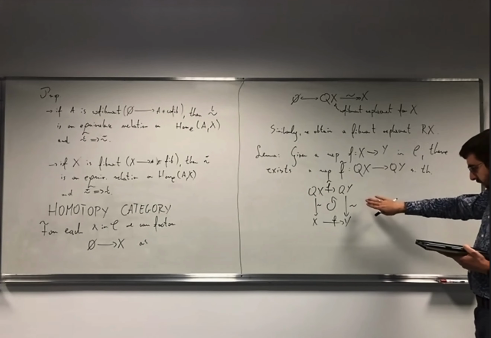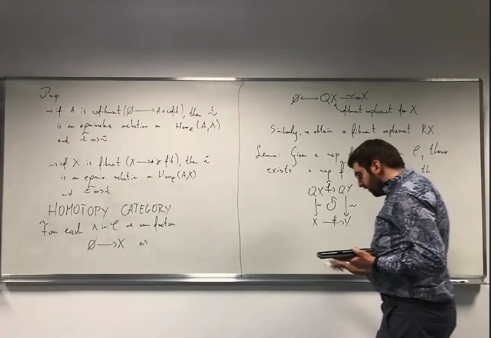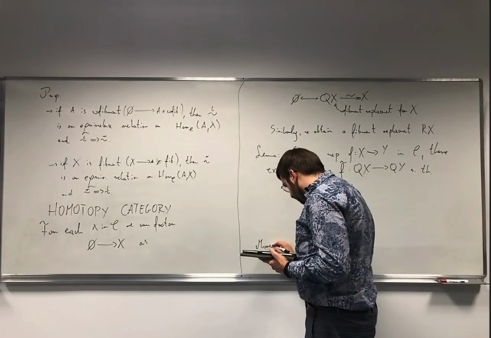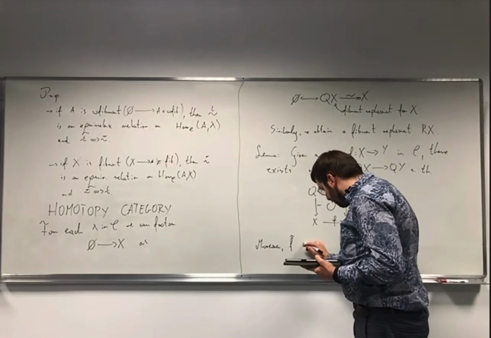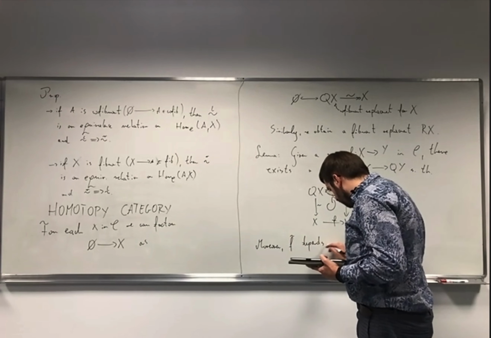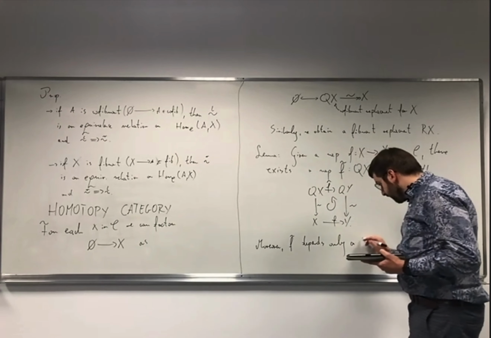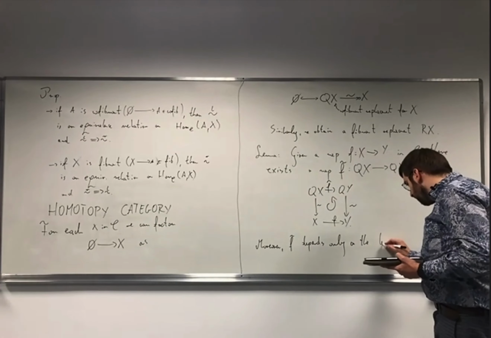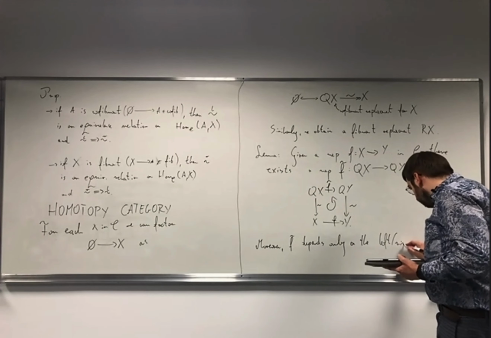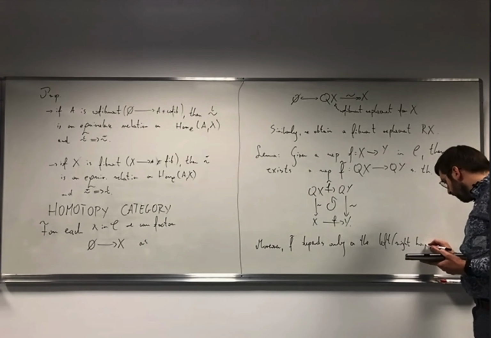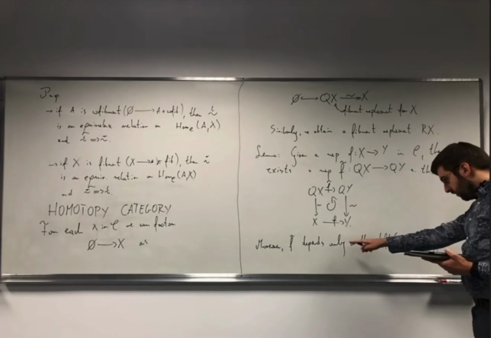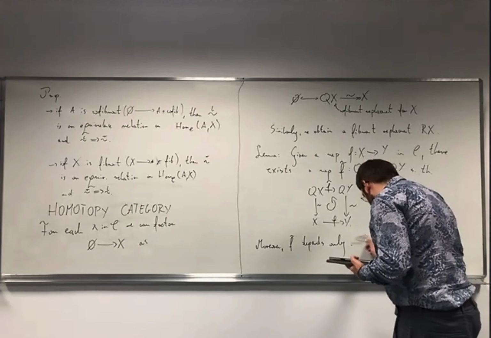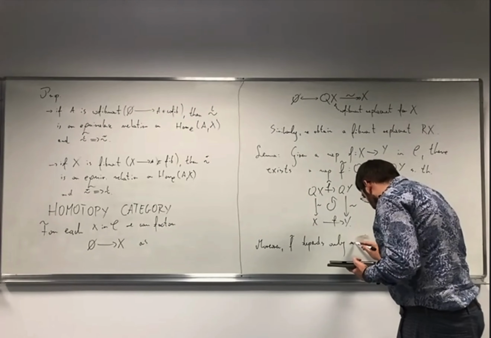So this diagram commutes. This is the statement, and moreover, f twiddle depends only on, well, we can choose either left or right homotopy class of, sorry, it depends only up to homotopy. This is what I should say firstly, only up to homotopy, left or right homotopy, only on f.